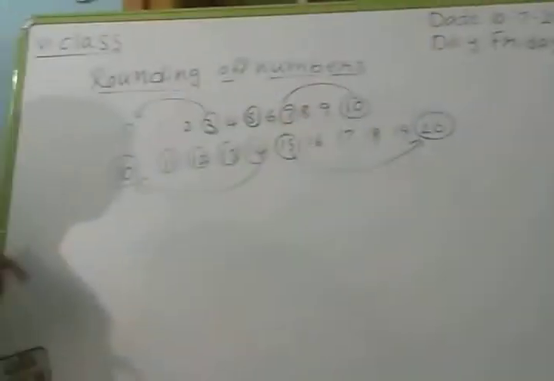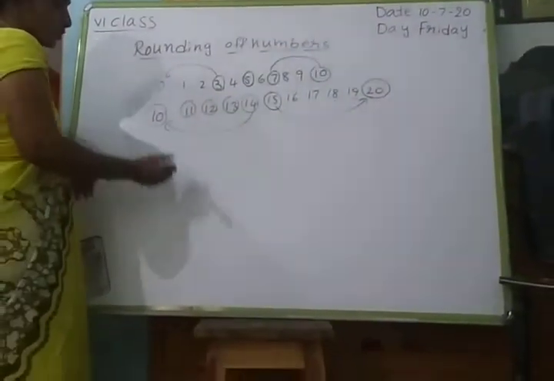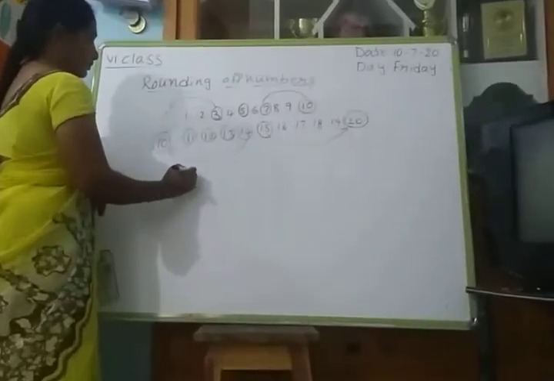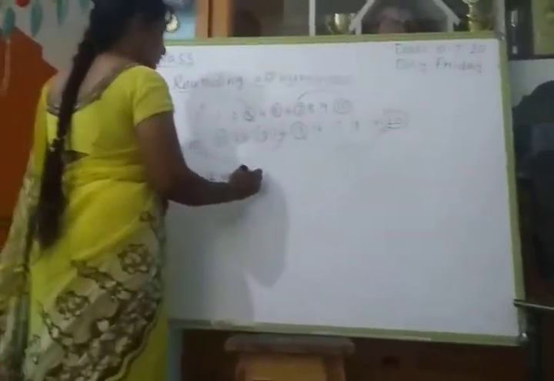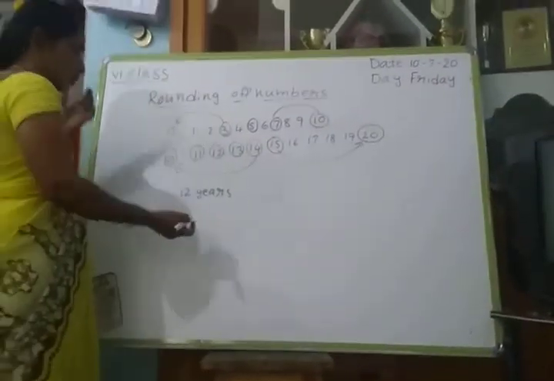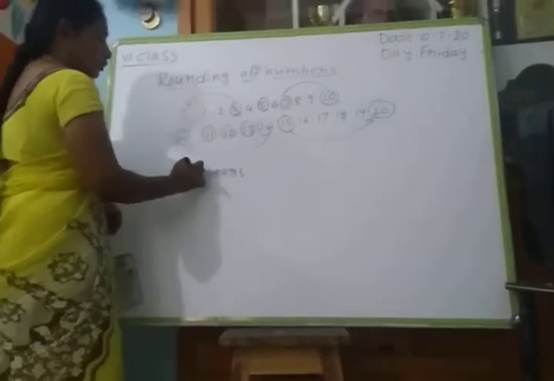In daily life also we have rounding of numbers. For example, if you ask anybody what is your age, and today is your birthday, you have completed 12 years. If someone asks next month, what will you say? 12 years only.